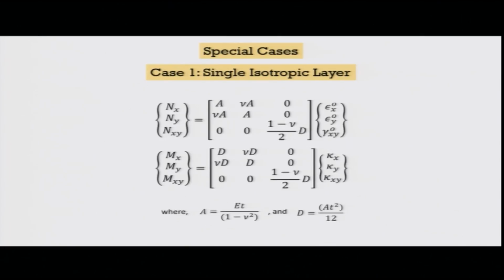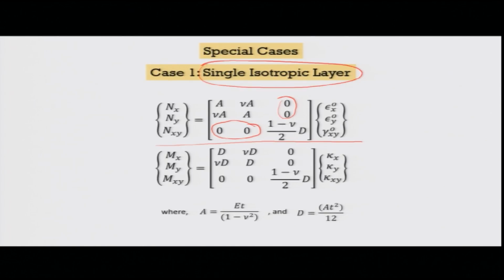The first special case is what if I have a single isotropic layer, isotropic, which means the properties will be the same in all the directions. Well, in that case you will get first of all a decoupling, because as you know the stretching will not affect the bending anymore, and not only that, the normal forces, as you can see, have no effect on the shear strain, shear deformation, and vice versa.